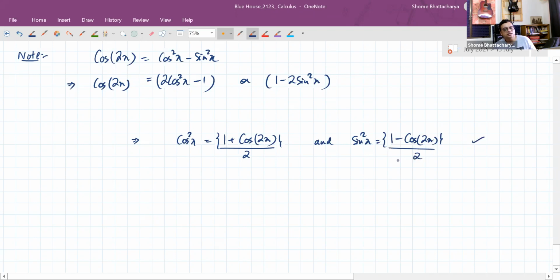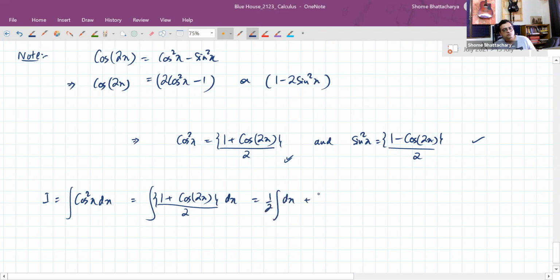So these two identities now are very useful in doing integration. So if we have an integration of cos square x, we can solve it by expressing it as this first, and then breaking the integral into two parts.